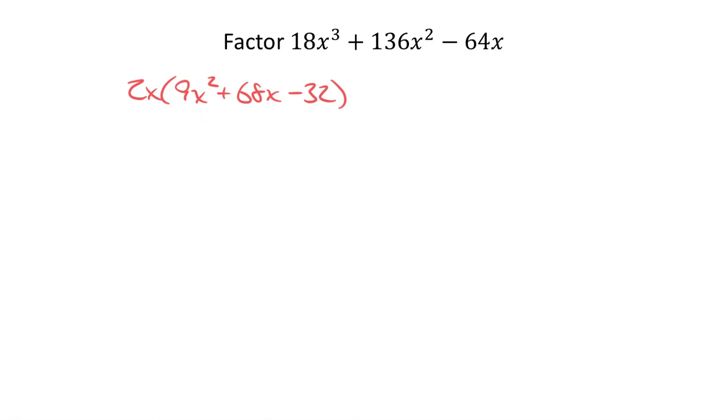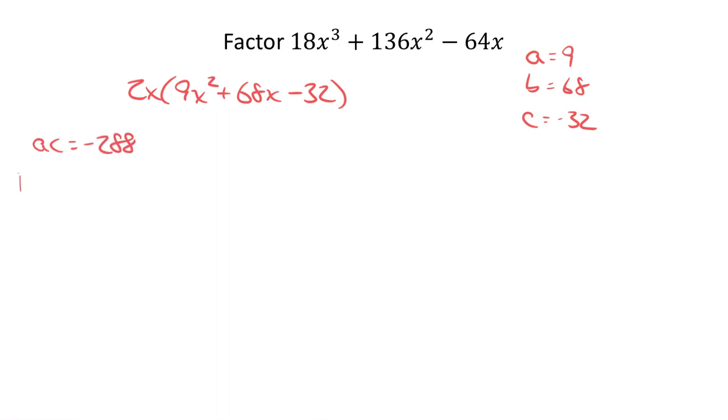So in this case, when we do the AC method, A is 9, B is 68, and C is negative 32. A times C is going to be 9 times negative 32, which is negative 288.